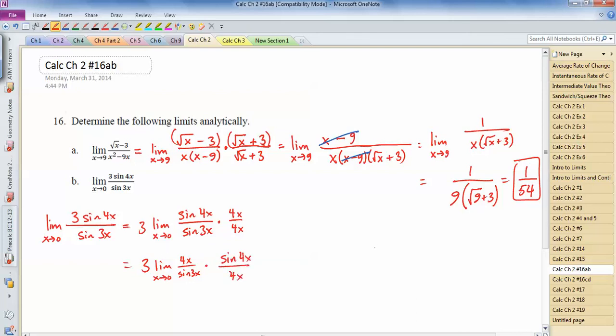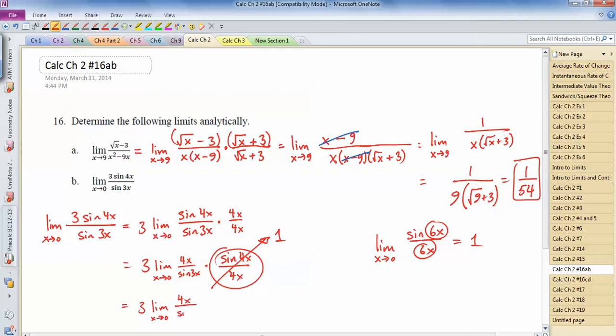And if you remember, we've done a couple problems at this point where if you have limit as x goes to 0 of sine some x, like let's just do 6x over 6x, if these guys are the same, this goes to 1. So this part right here goes to 1. So now I'm left with this, 3 limit x goes to 0, 4x over sine 3x.